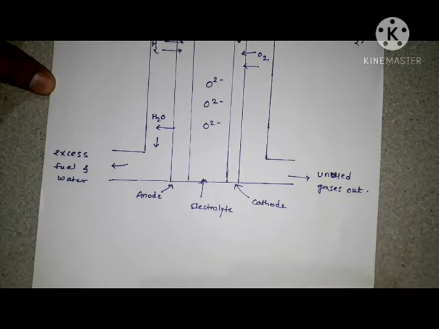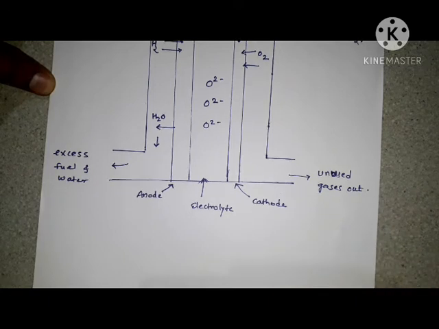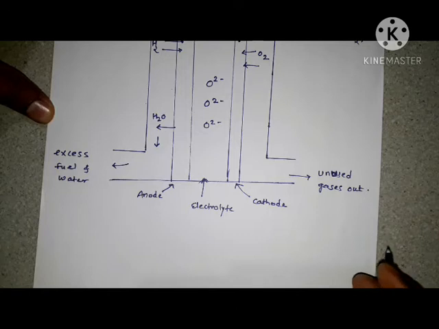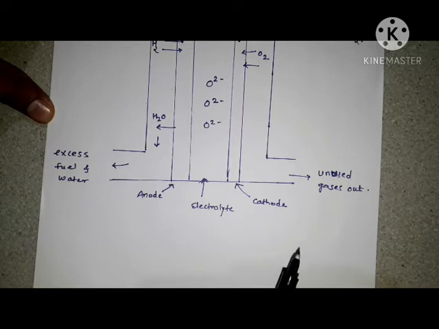Okay, in this fuel cell the whole setup behaves like a galvanic cell, and as we know there are two types of electrochemical cell, electrolytic cell and galvanic cell.